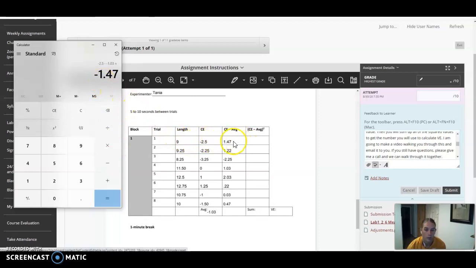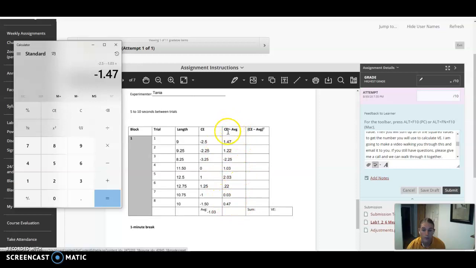So this here should be a -1.47. All right, and you'll go down and you'll do that all the way through. So -2.25 minus -1.03. All right, so make sure those are all correct there.